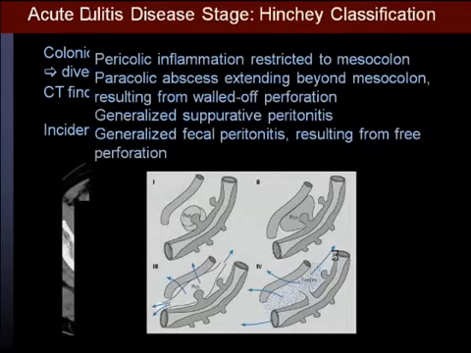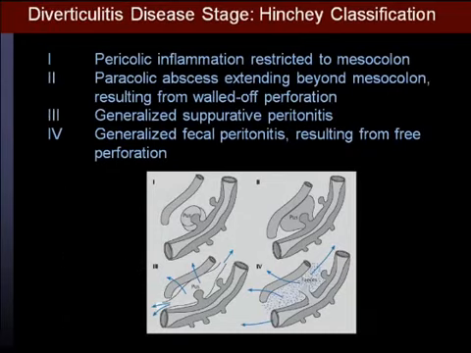When talking about diverticulitis, you should be aware that the disease stage in acute diverticulitis is often determined by the so-called Hinchey classification. The Hinchey classification is an aid for the surgeon to decide whether the patient can be treated conservatively, conventionally, or if the patient requires surgery.